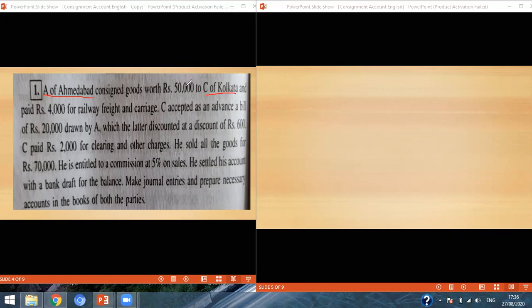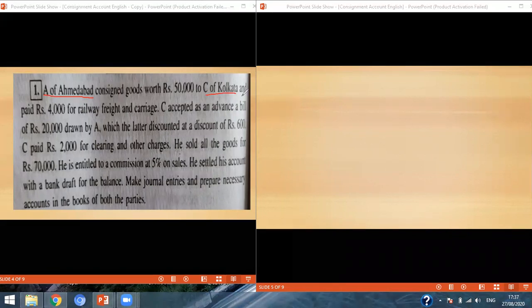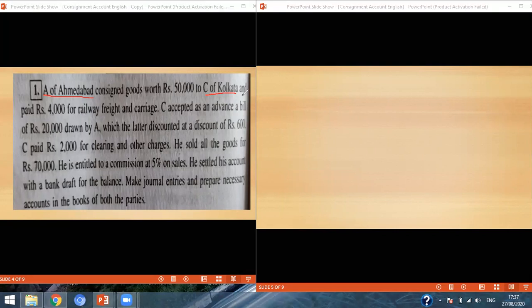So he sent 50,000 goods to C of Kolkata and paid rupees 4,000. So he has paid the expense of rupees 4,000 for railway freight and carriage.